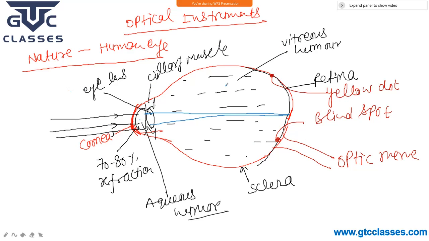Now the next thing comes, why we need the vitreous humor. What is vitreous humor actually, and what is the use? It's a medium. Yeah, but why we need that? What is the function of this?